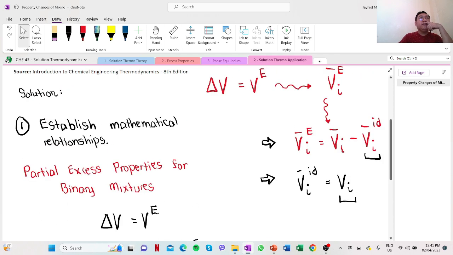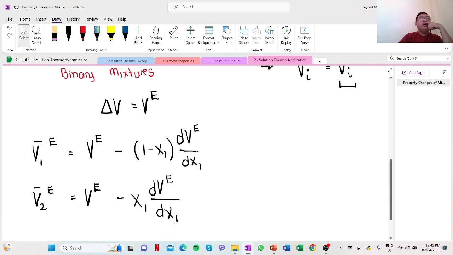So those are the partial excess volumes for component 1 and component 2 respectively.